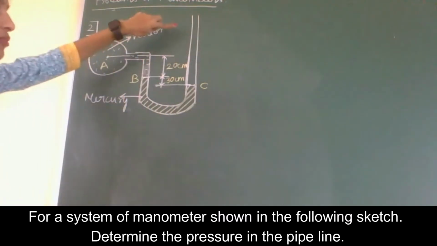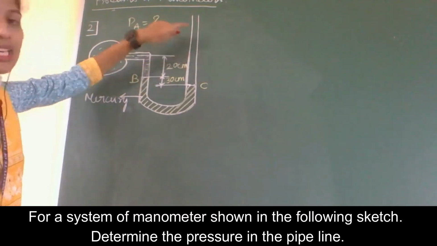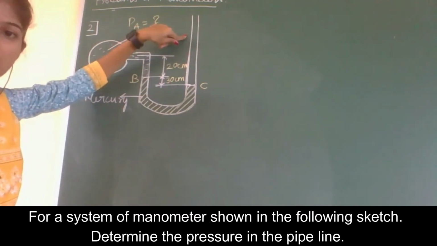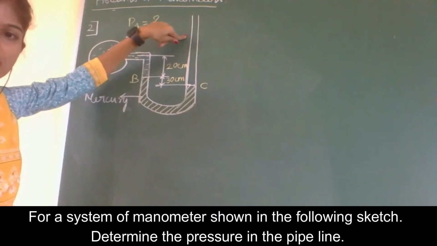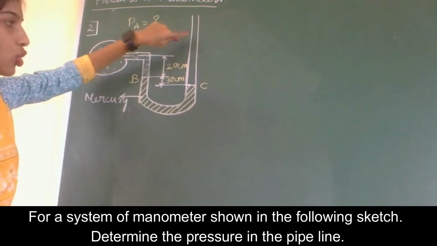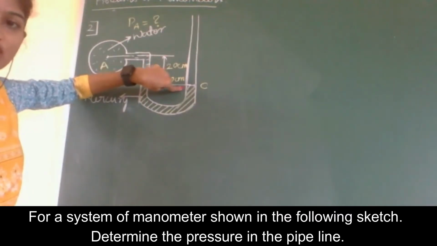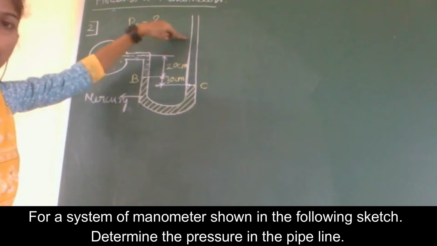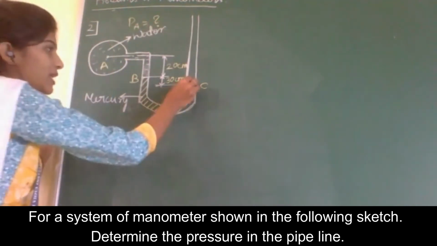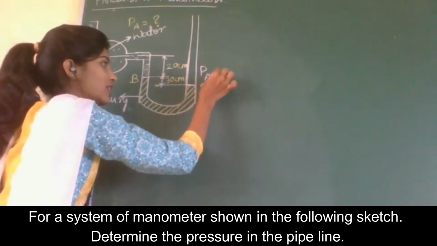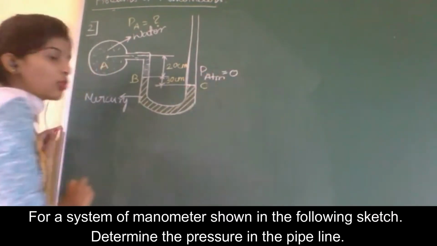So we have to start from point C, because there the pressure is atmospheric pressure, and the atmospheric pressure is 0.